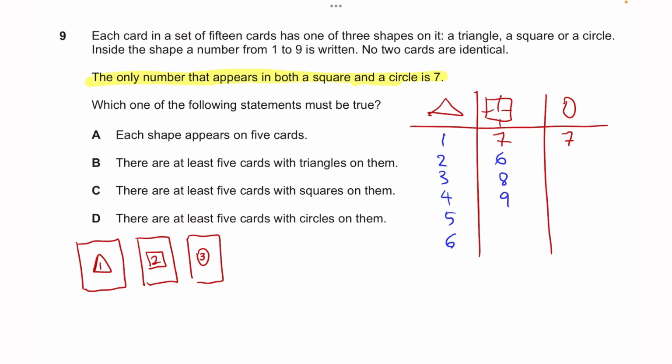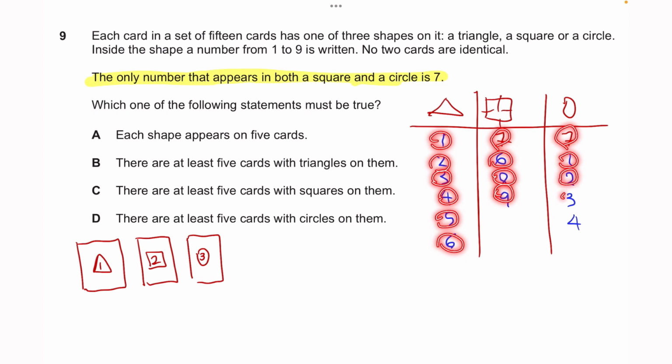So let's count. We need to make sure we have 15 cards. So there's 1, 2, 3, 4, 5, 6, 7, 8, 9, 10, 11. And I should have a few more, let's say, circle cards. Because I can't repeat any of these numbers here, I'm going to repeat the numbers of these ones. So I'm going to add 11, 1, 2, 3, 4 if I wanted to. Now let's count if we have 15. We've got 1, 2, 3, 4, 5, 6, 7, 8, 9, 10, 11, 12, 13, 14, 15.